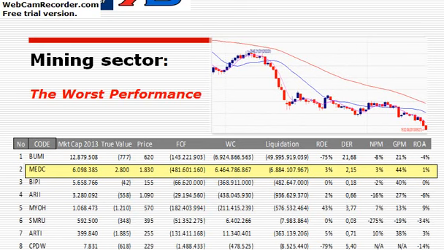They're running losses, negative free cash flow. The balance sheet is too bad. Working capital negative. Liquidation value even worse, with the total deficit almost 50 trillion in rupiah. Return on equity negative 75% because of the big loss.